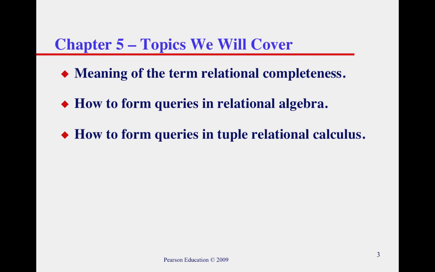It turns out, we'll see in a moment, that relational algebra is a more procedural language, and that the relational calculus is a declarative language. SQL, the query language that you use, is based on the relational calculus. It is a declarative language. It does not tell the query optimizer how to optimize things.